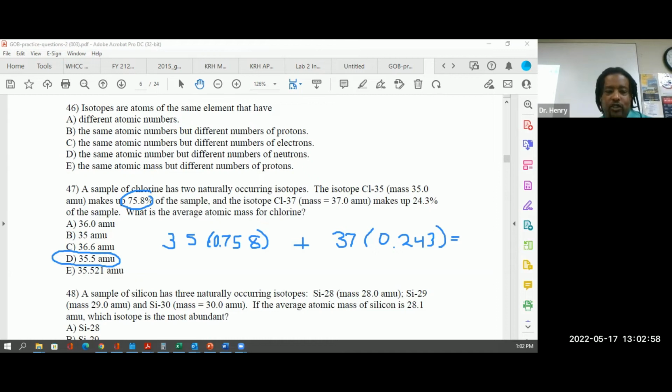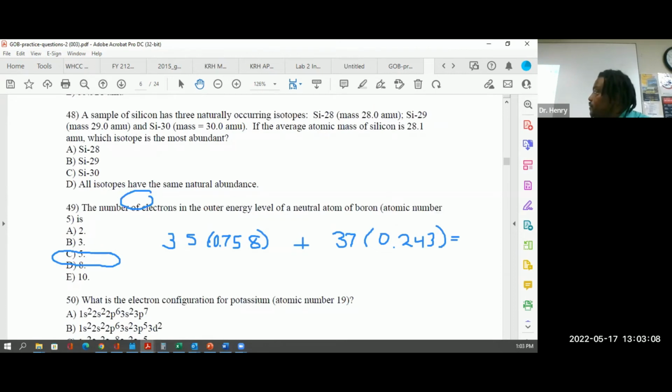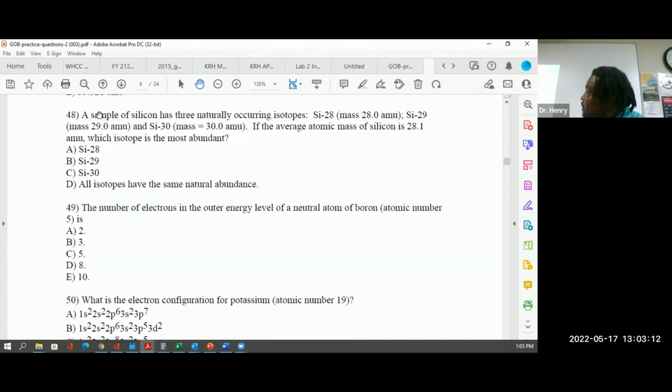I think there are 2 questions that are pertinent to sig figs. A sample of silicon has 3 naturally occurring isotopes. Actually, we can do this with this. I was going to save it and have you guys do the calculation.